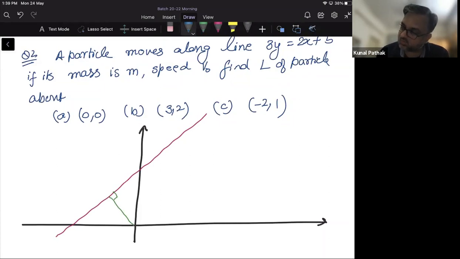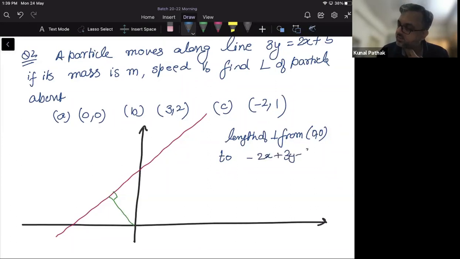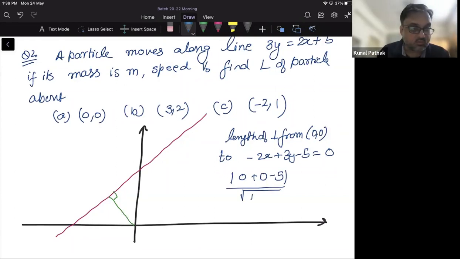And I know that length of perpendicular from 0, 0 to minus 2x plus 3y minus 5 is equal to 0 is mod of 0 plus 0 minus 5 upon root of 2 square plus 3 square, that is root of 13. 5 by root 13.